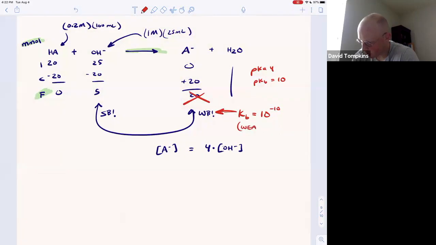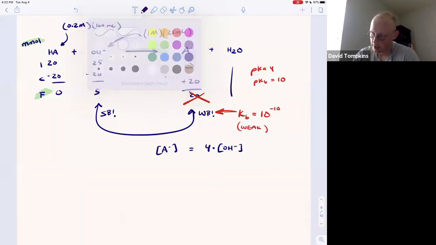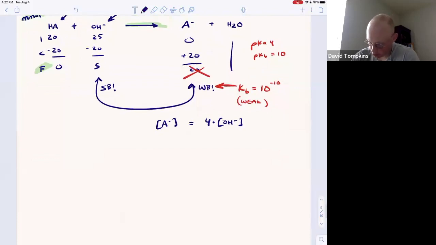It only makes 1 hydroxide for every 10 billion base molecules present. But this strong base that remains produces 1 hydroxide in solution for every single strong base molecule. In other words, we're just going to ignore the weak base.